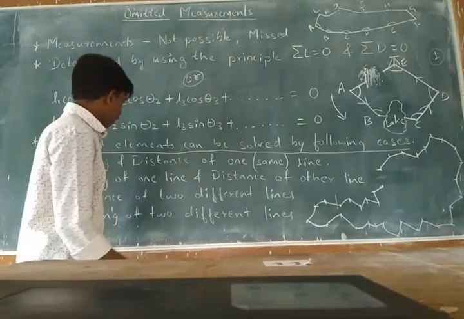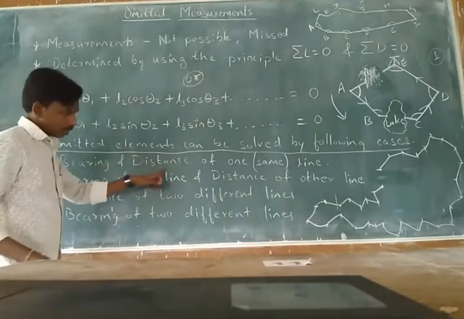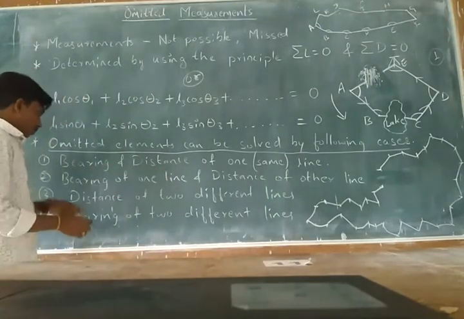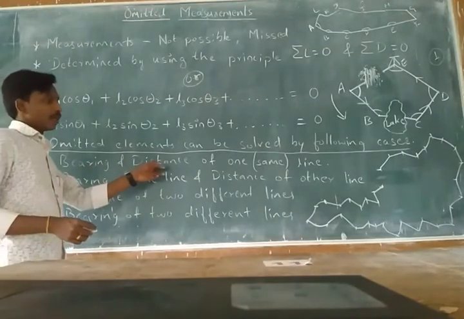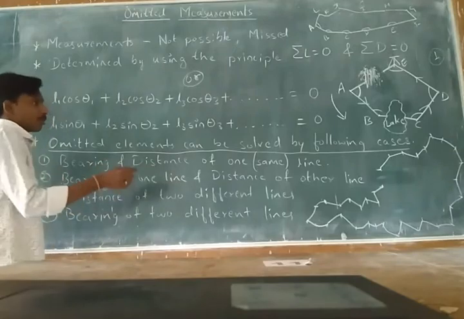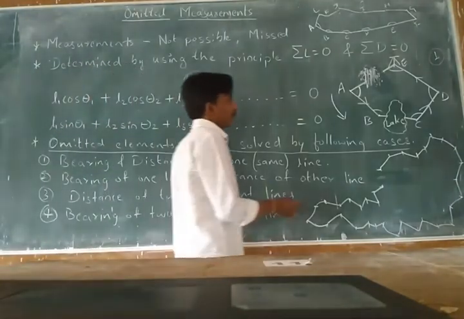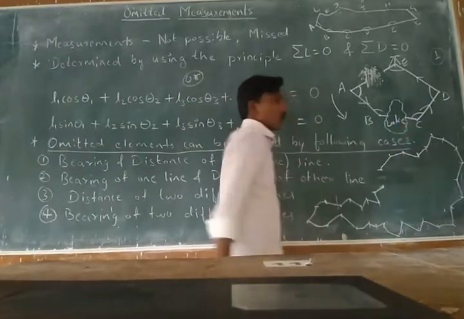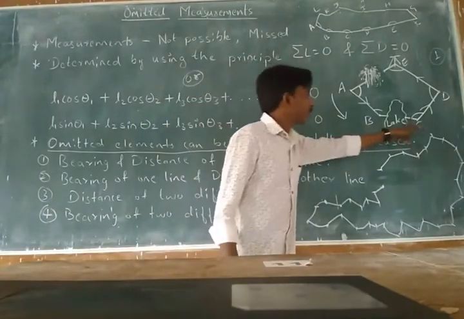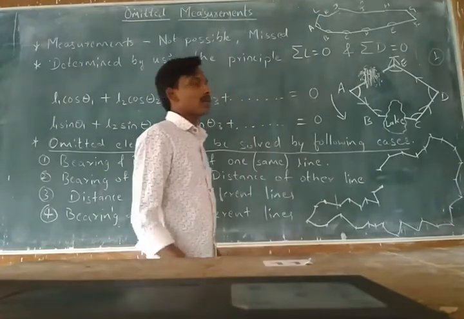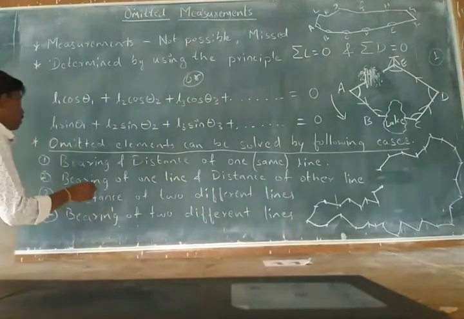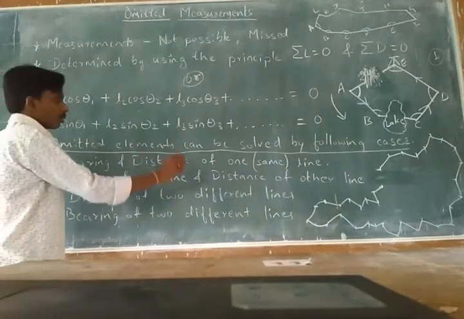If the bearing of any traverse side and the distance of that traverse side, for example BC, are missed or omitted, then in that situation you can determine them.